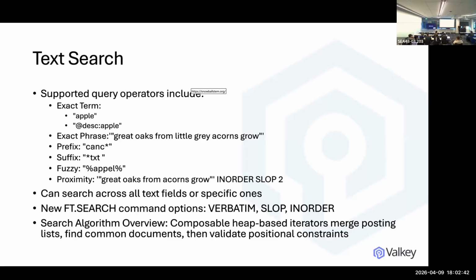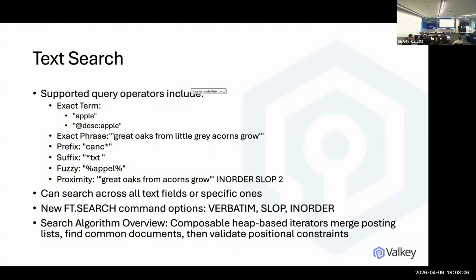So you can see here that for the prefix, we use a star at the end, and for suffix, at the beginning. The part that makes text slightly different is that by default, text searches are across all the text fields. You can choose to search on a specific text field by providing the field itself in the query string.